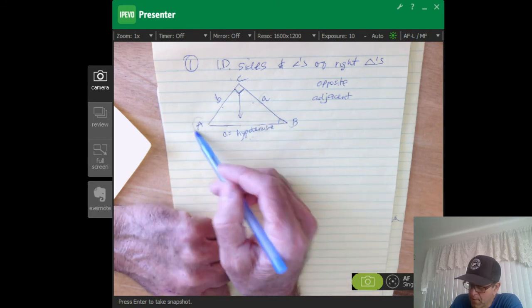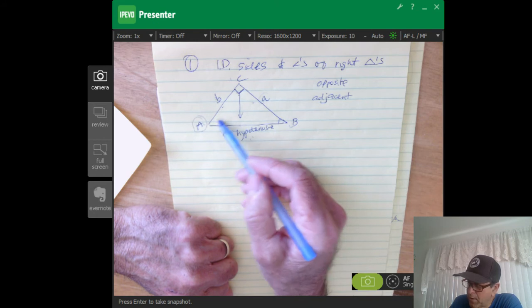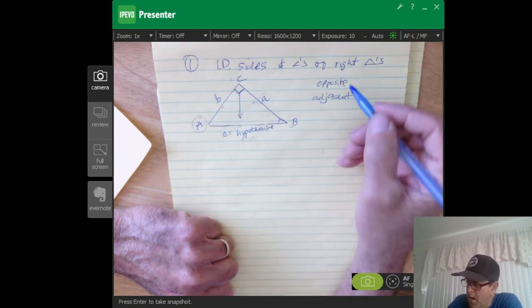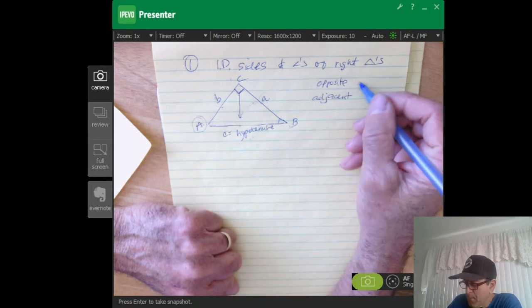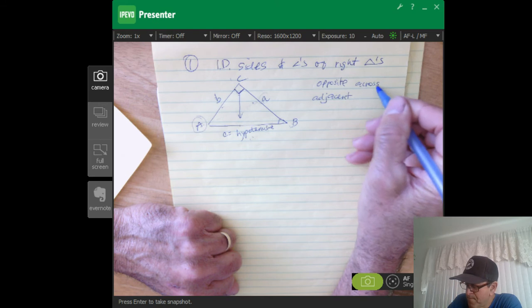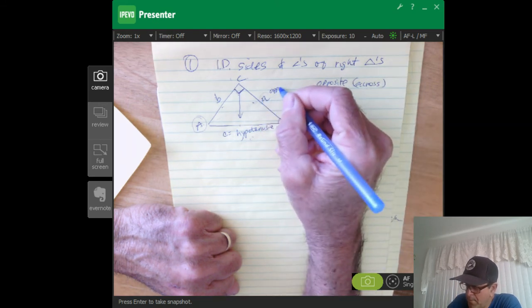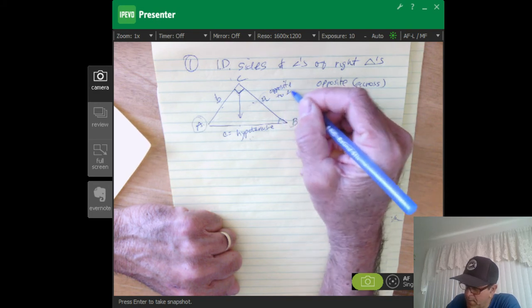So if we look at angle A, side A is directly across from angle A. So opposite and across are synonyms. They mean the same thing. So A is the opposite side to angle A.